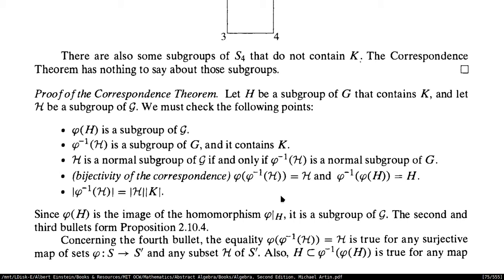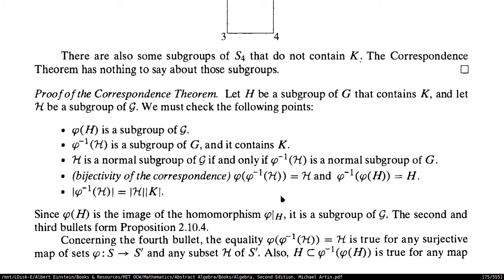Okay, so phi of H and the preimage proposition and the normal subgroup thing is something that we've just proved before, right? Because we know that the image of the restricted homomorphism is a subgroup.